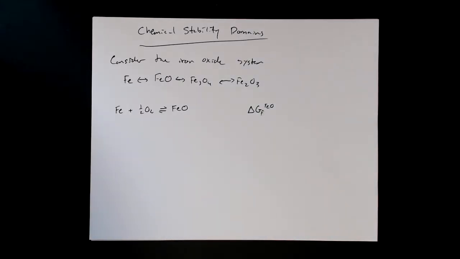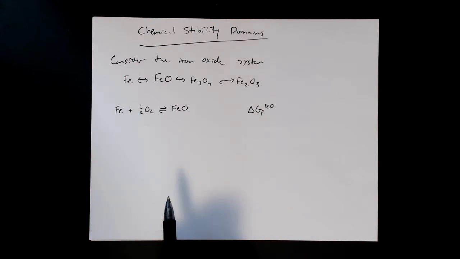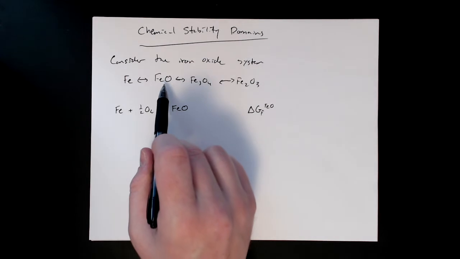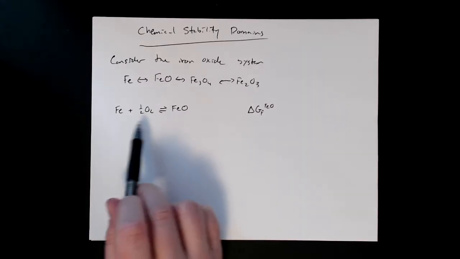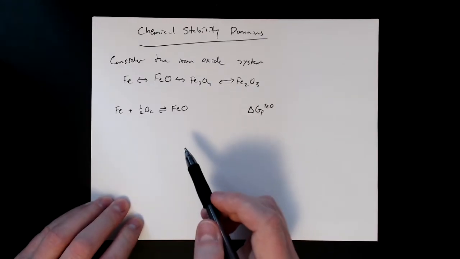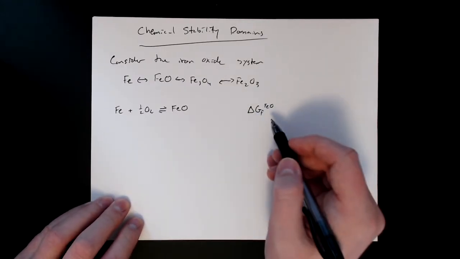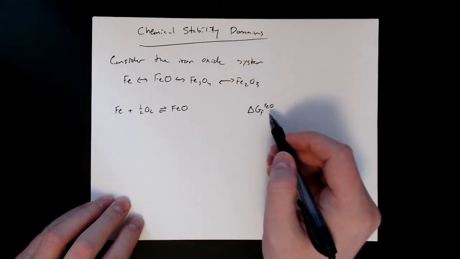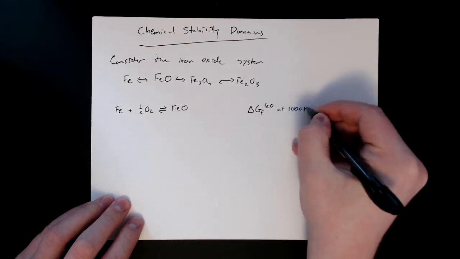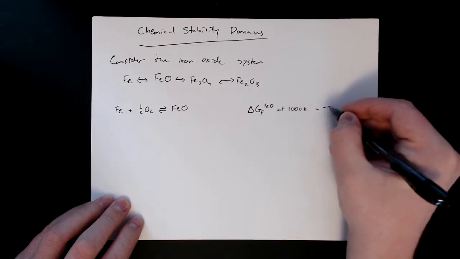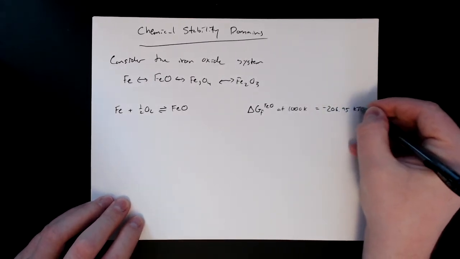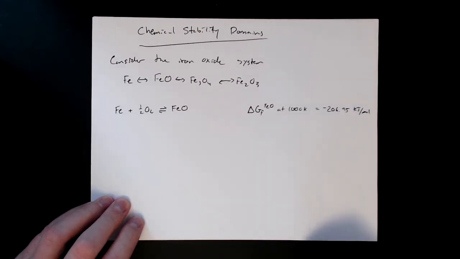All right, so let's start looking at this question of what partial pressure iron and iron oxide are at equilibrium. We know that we have this information from the previous screen at 1000 K to be minus 206.95, and that's in kilojoules per mole.